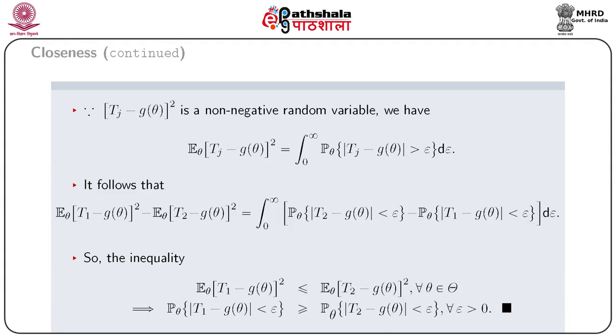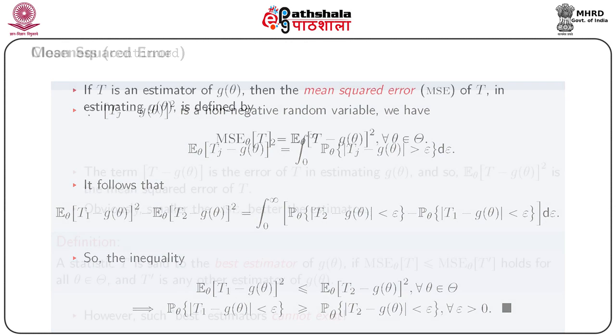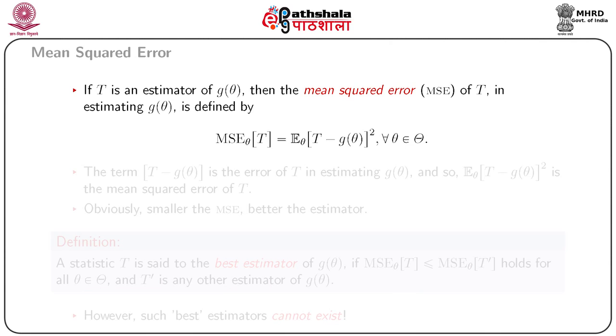That is, probability under theta mod T1 minus g less than epsilon is greater than or equal to probability under theta mod T2 minus g less than epsilon for all theta and for all epsilon greater than 0.